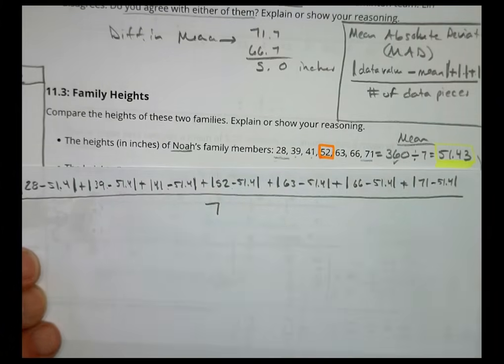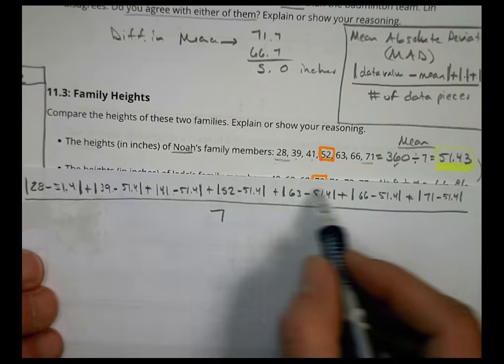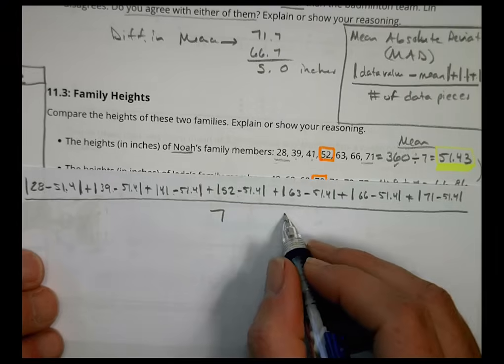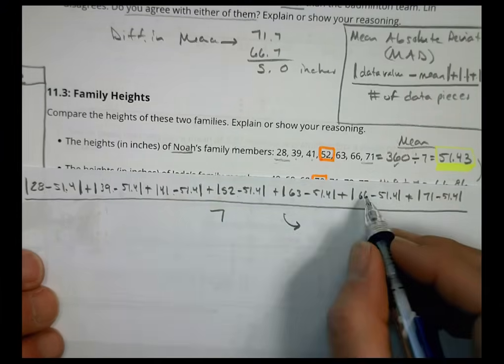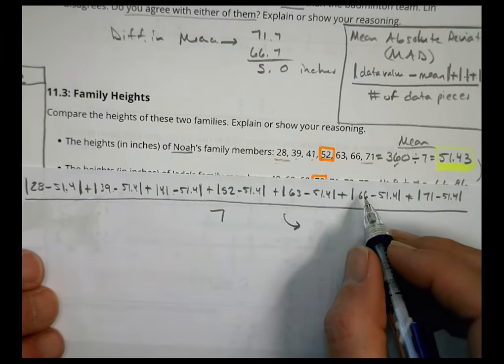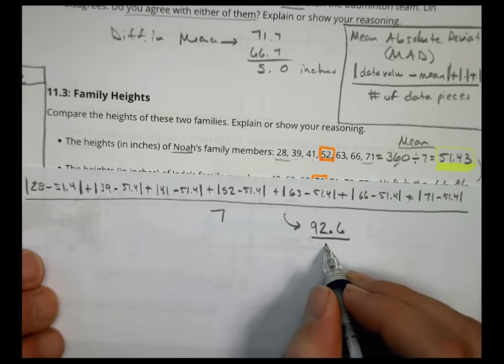When I do that, what I end up with is this. I already did it ahead of time: the sum of all of these is going to be 92.6, still divided by 7.